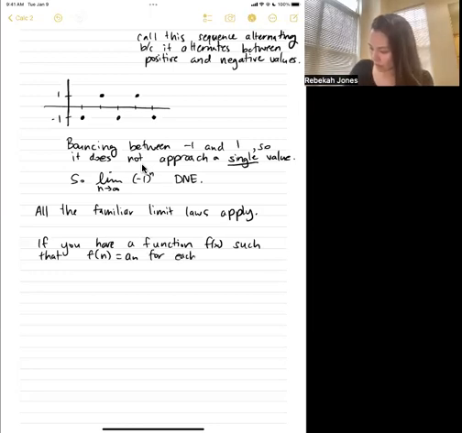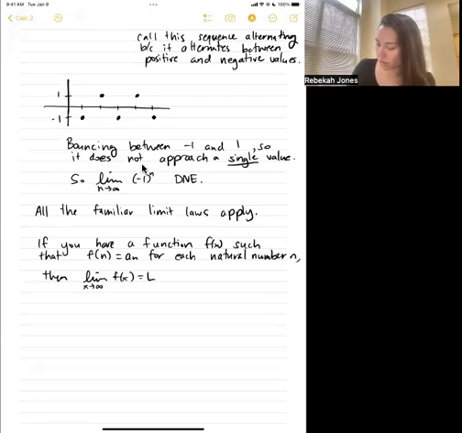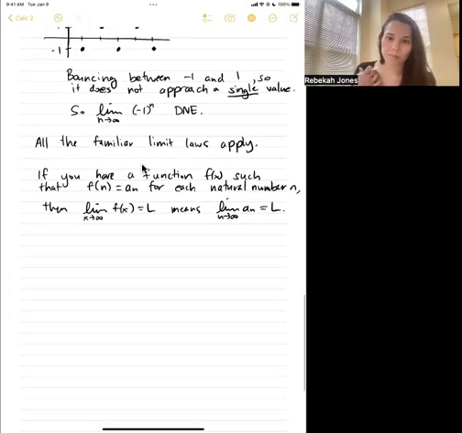So for each natural number n, then the limit as x goes to infinity of f of x equals L means that the limit as n goes to infinity of a sub n equals L, right?